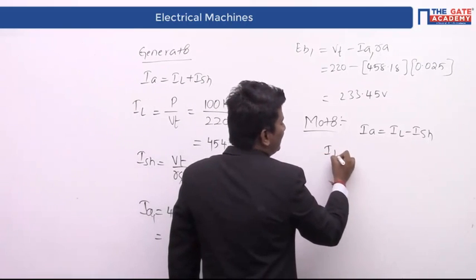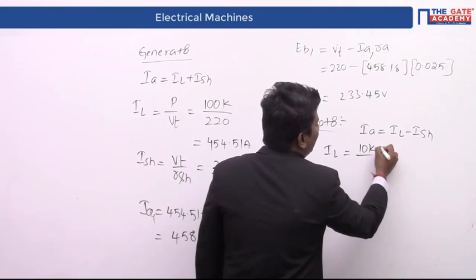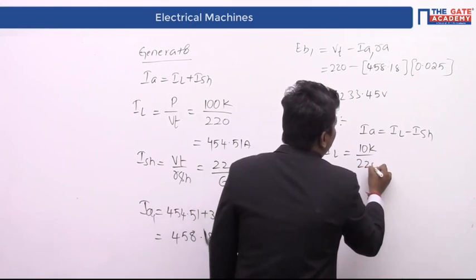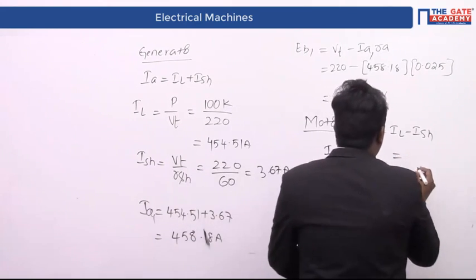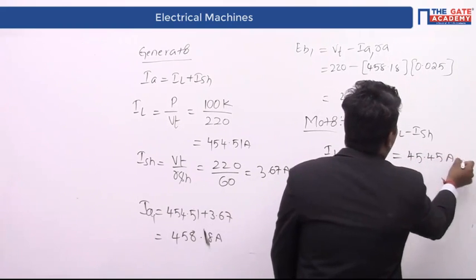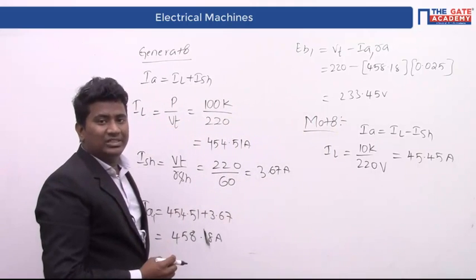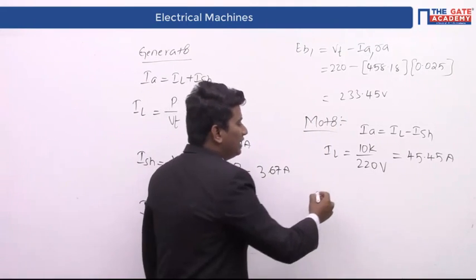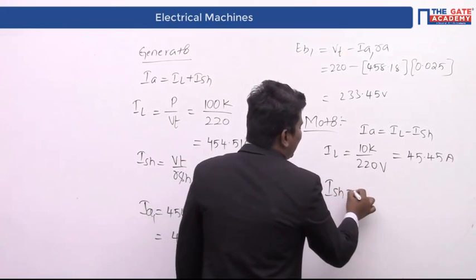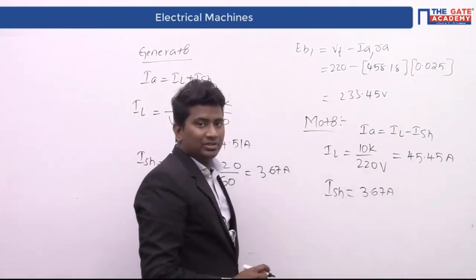Therefore IL is equal to 10 kilowatt by 220 volts, which is 45.45 amperes. In both cases the shunt field remains constant. Therefore ISH is equal to 3.67 amperes.